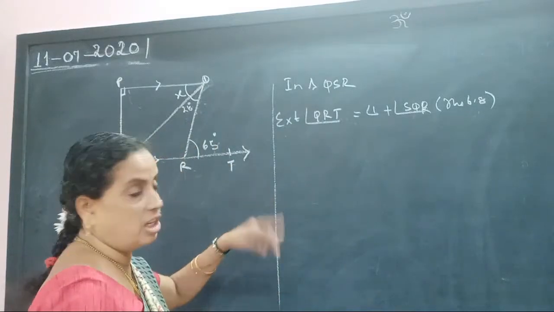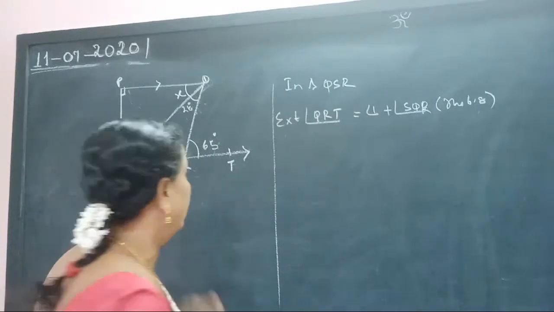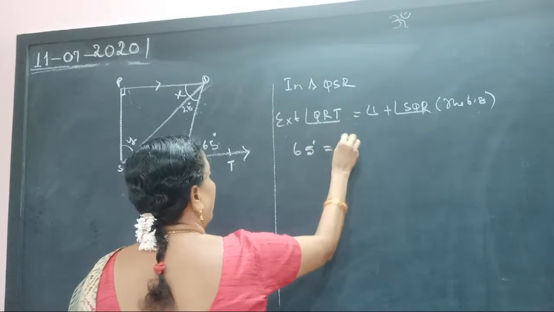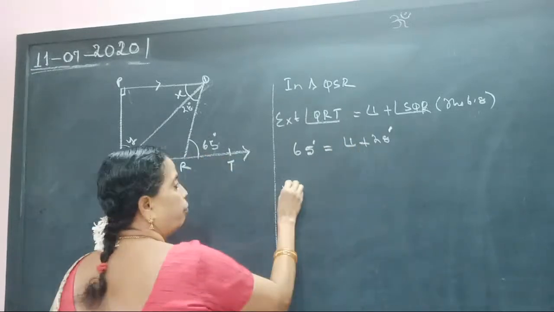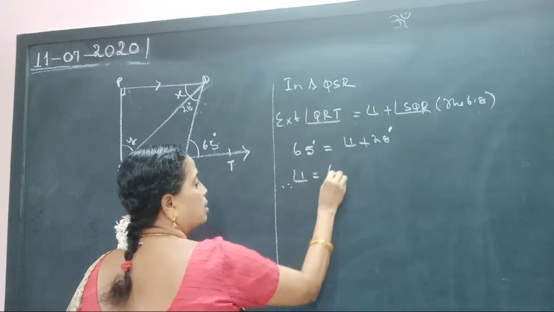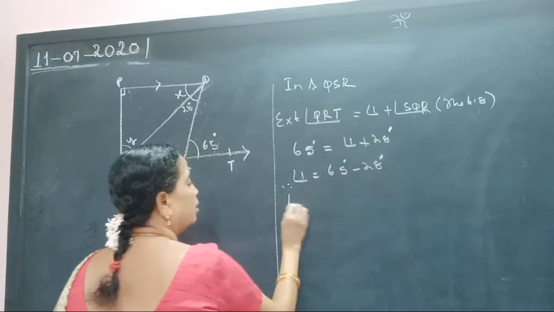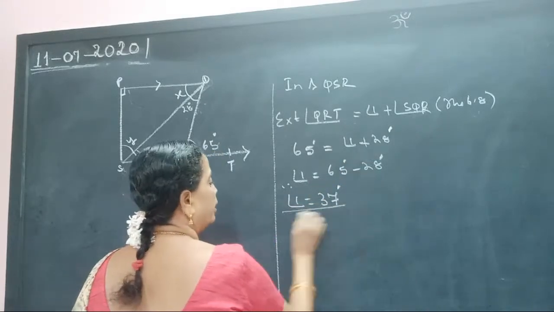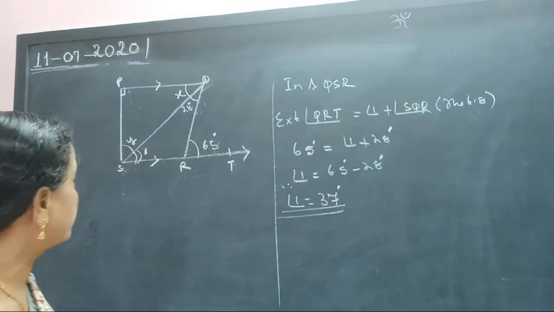You have to mention the triangle, to which triangle you have taken the exterior angle, and it is 65 degree equals angle 1 plus 28 degree. Therefore, angle 1 equals 65 degree minus 28 degree. Angle 1 equals 37 degree. Okay? Next.